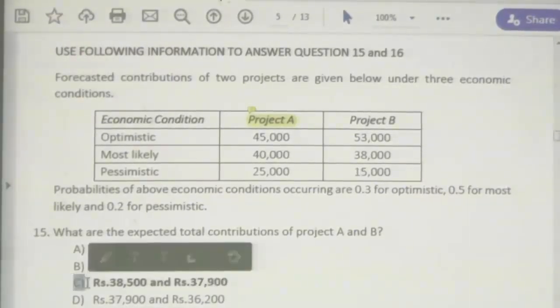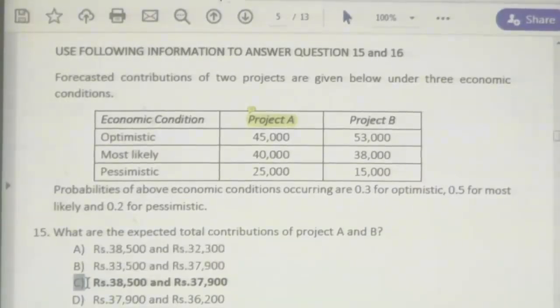Therefore, the answer will be C. When you are asked to calculate the expected value, take the possible values, find the probability for each, then multiply each possible value by its probability, and you have the expected value.